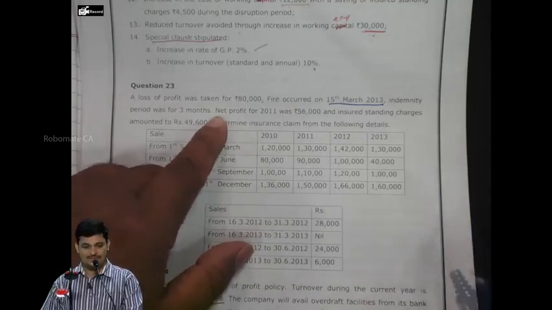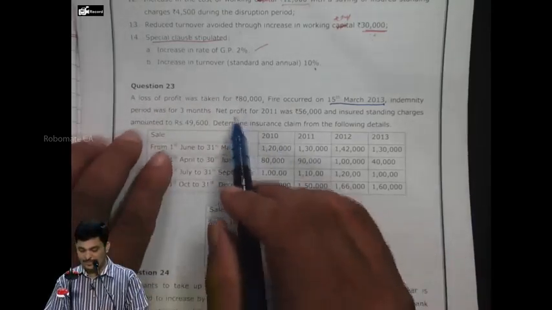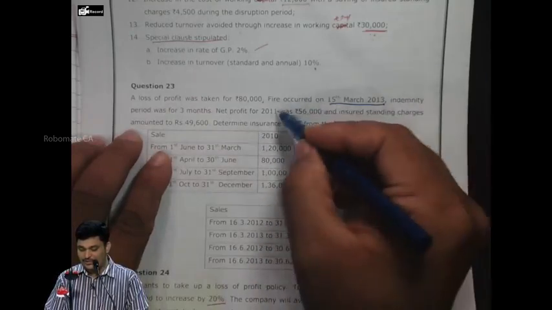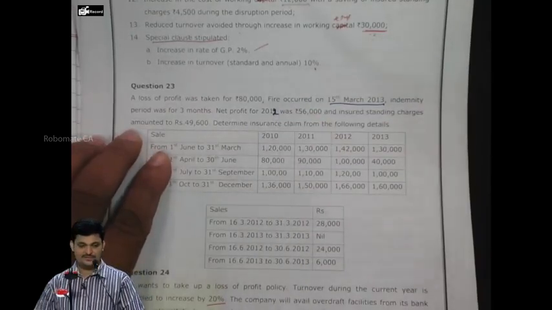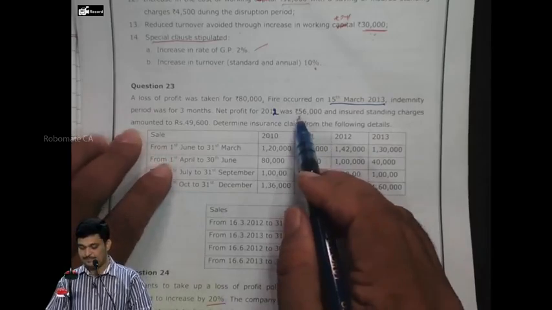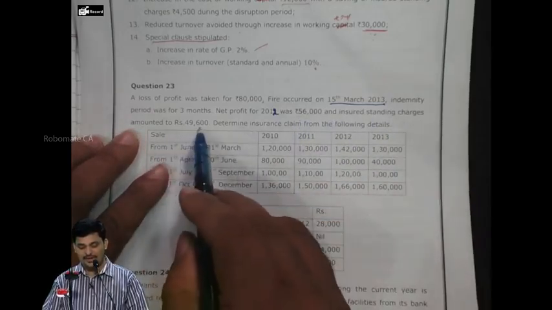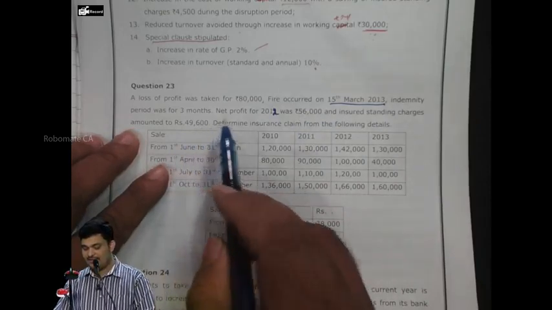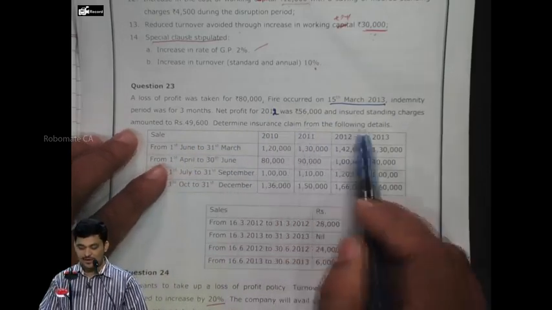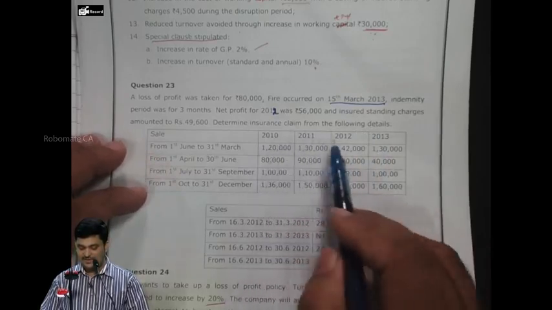We can say 14th also. Nothing wrong, 15th, 14th, whatever be the case. Net profit of 2012 was rupees 56,000 and insured standing charge amounted to rupees 49,600. Determine the insurance claim from the following details.